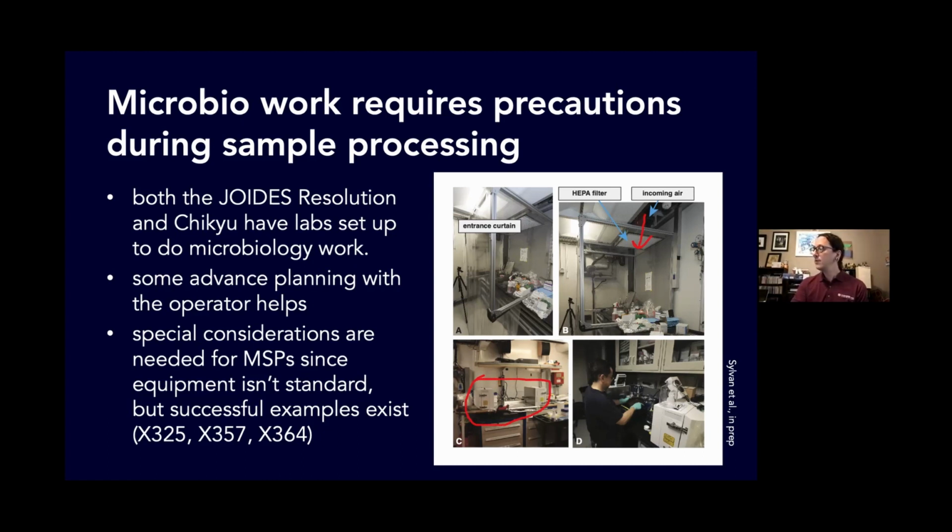But with this one, you can move it around. This is Yuki Morono on the JR using it, but he also went on Expedition 357, which was one of the MSP projects to Atlantis Massif, and brought this on the ship that did that drilling. So this is the type of thing you could use on an MSP if you want to do microbiology and have a clean sampling environment, even if the ship wasn't purpose-built for that.